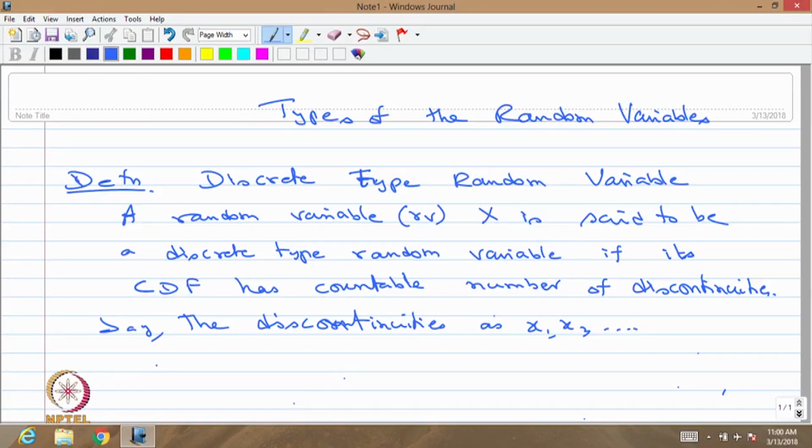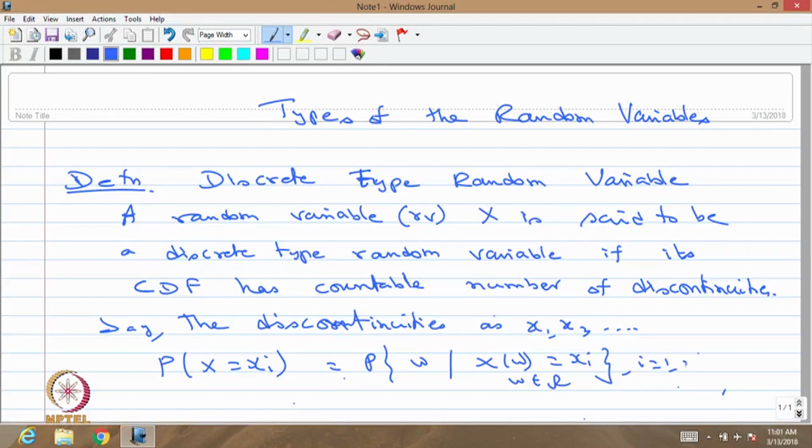Then one can define the probability of x taking a value xi, that is nothing but P of the collection of w such that X of w gives the value xi, where w belongs to omega. This is for i equal to 1, 2 and so on.